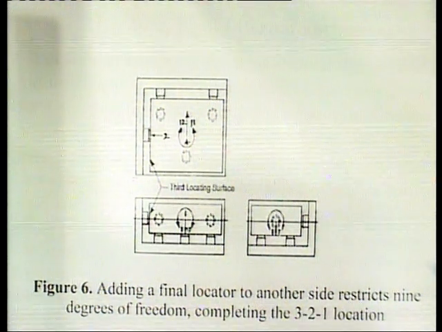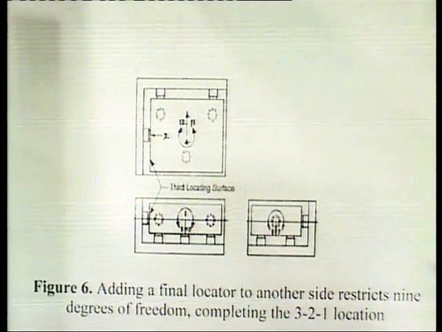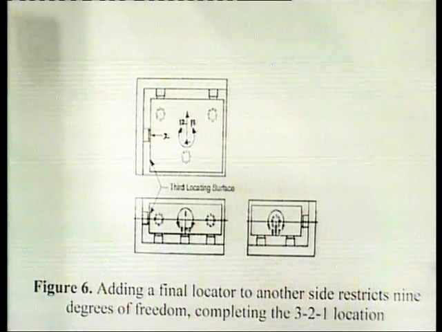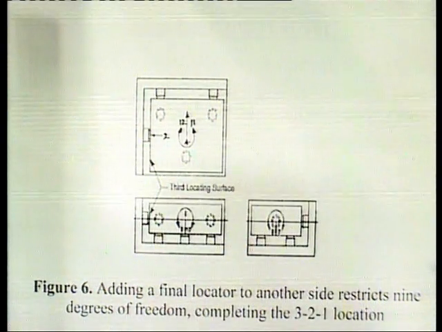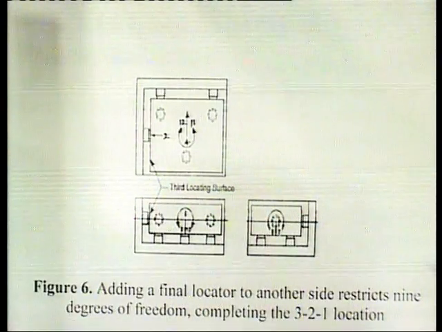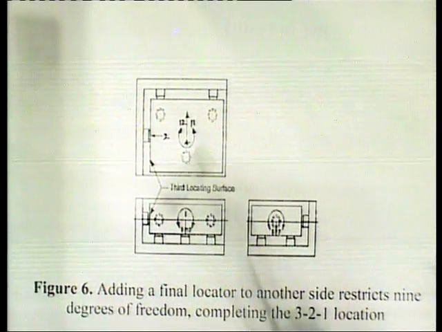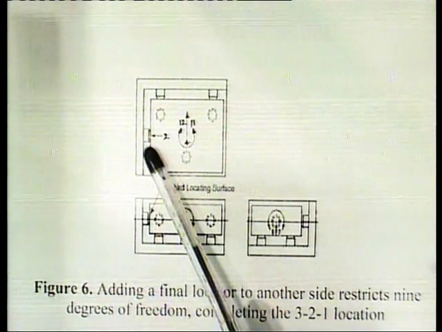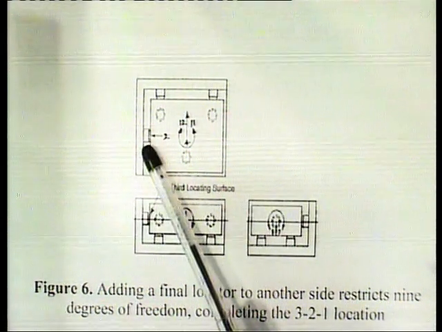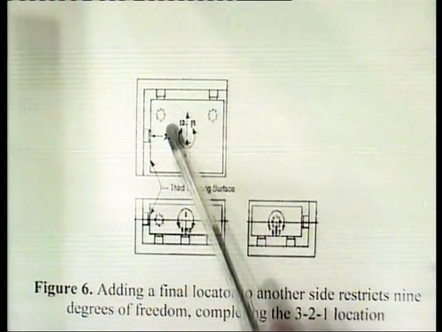Similarly, in this figure, a final locator on another side restricts a total of 9 degrees of freedom, which completes the 3-2-1 location arrangement. So, this is an additional locator placed on this side. These are 3 locators placed behind this plate.